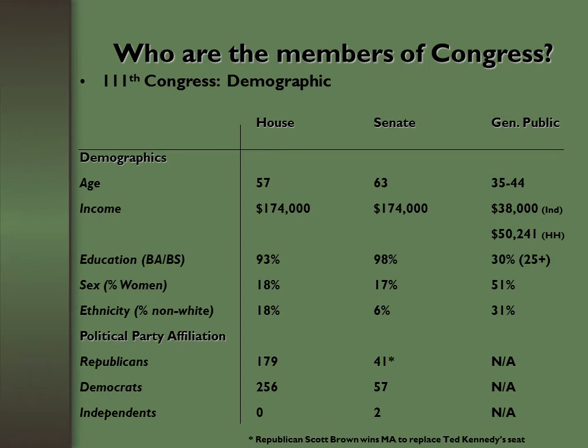They swept into the House, 256 over the Republicans, 179. If you look at the Senate, too, the Democrats had quite a substantial majority as well, 57 Democrats to 41 Republicans, and 2 independents who, again, caucused with the Democrats. So in reality, we had 59 Democrats.